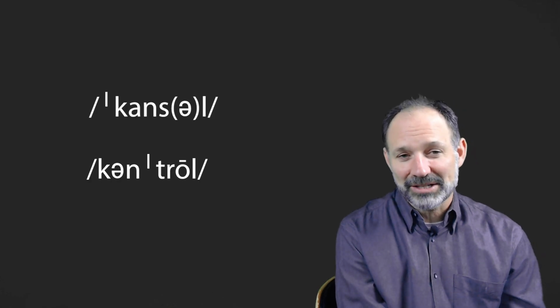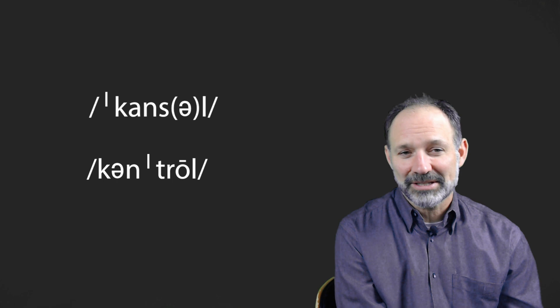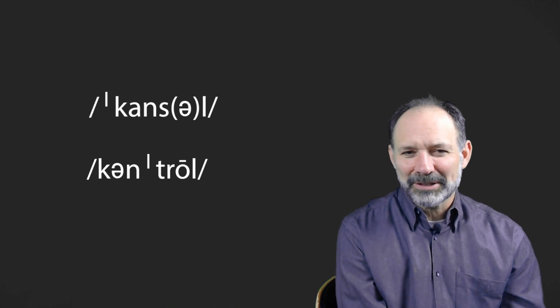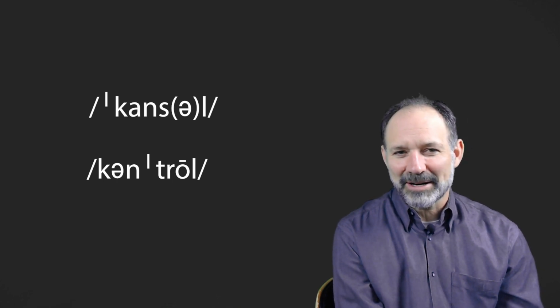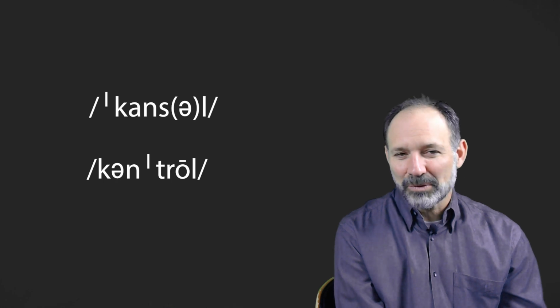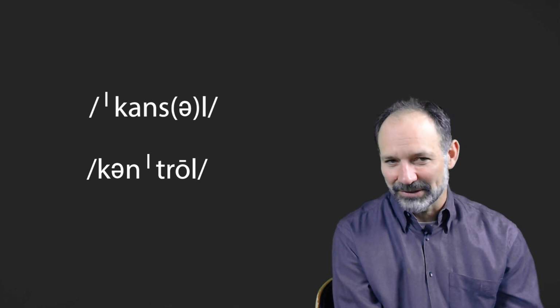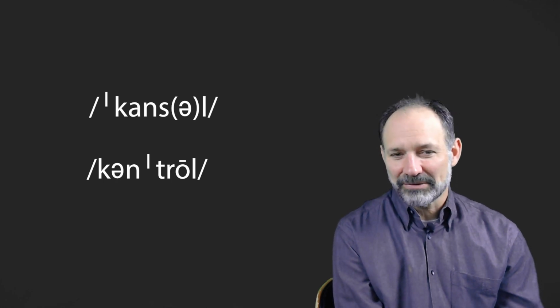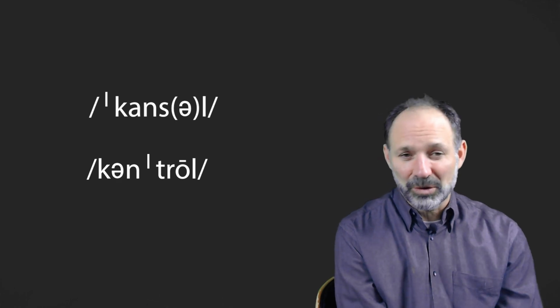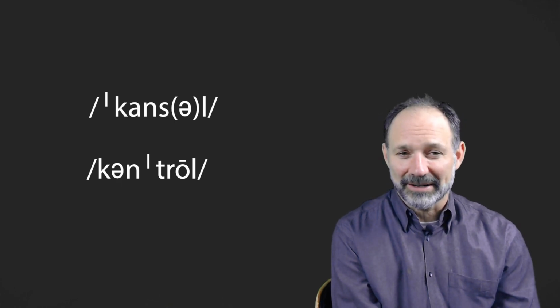Another way you can find out which syllable is stressed is you can look in a dictionary or look it up online. You can see I have the pronunciation for both of these words, and if you look real closely, you can see that there's an apostrophe before the first syllable in cancel and an apostrophe before the T in control in the pronunciation there.